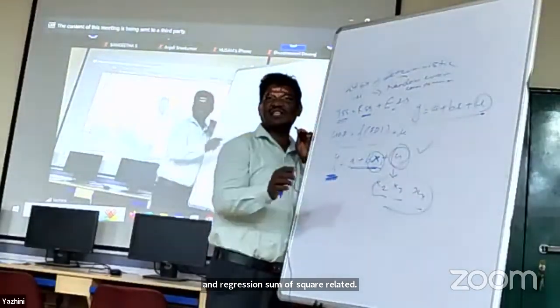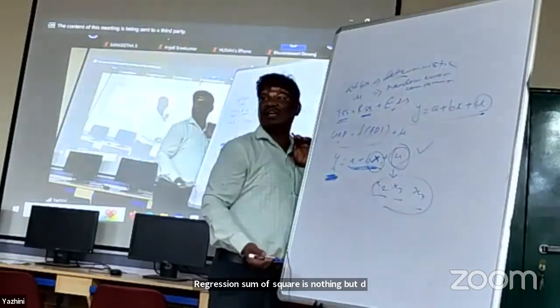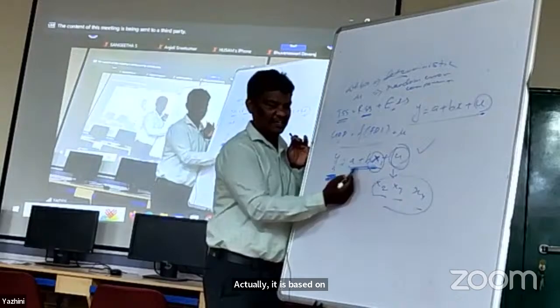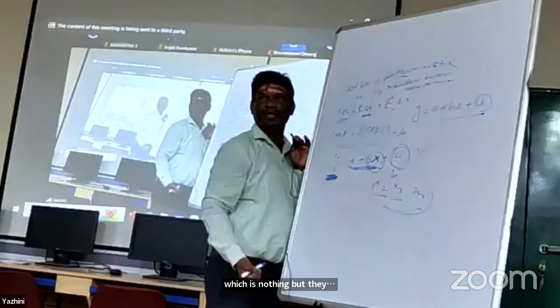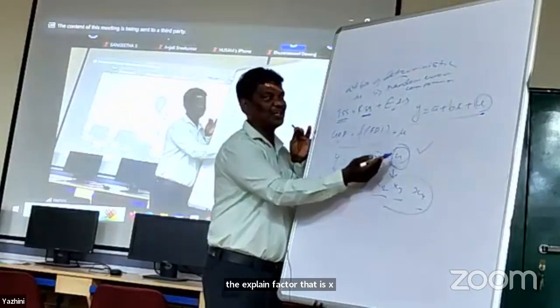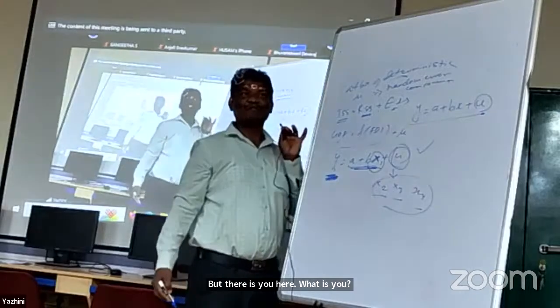Regression sum of square is usually based on the explained factor, that is X. But there is U here. What is U? U is a part of the error sum of square.